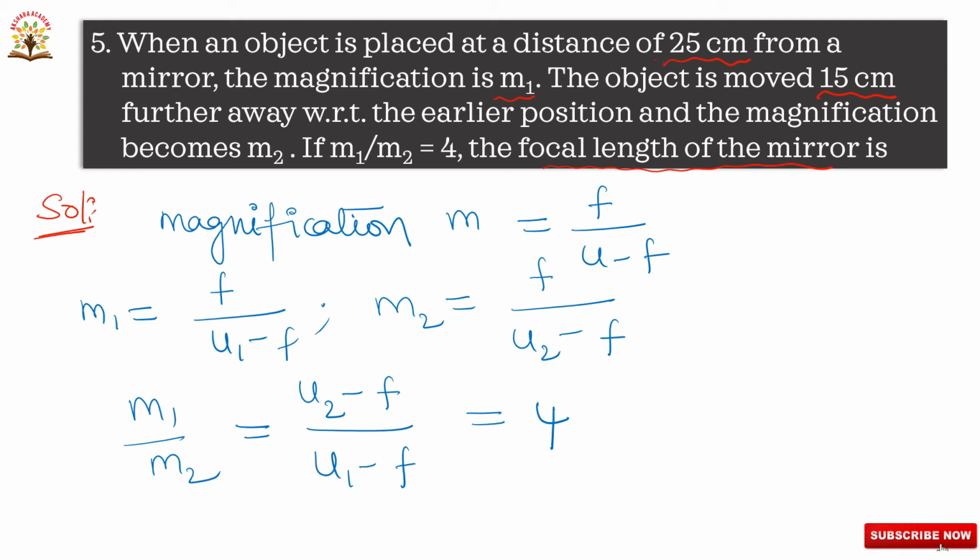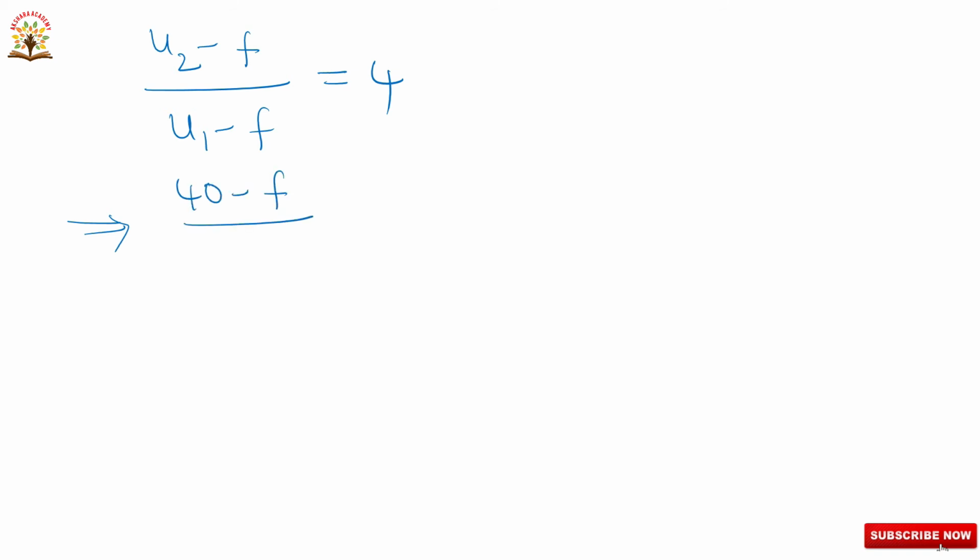Here they gave that m1 by m2 is equal to 4, then we have to calculate the focal length of the mirror. So u2 minus f by u1 minus f is equal to 4. Now substituting values, u2 is 40, so 40 minus f by 25 minus f is equal to 4.